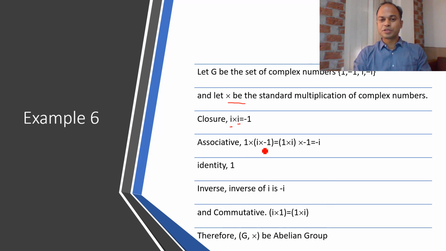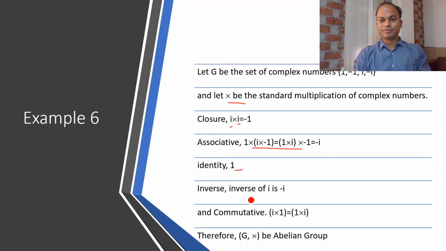If we talk about associative property, it is true. In both the cases, the products are equal. If we talk about identity, multiply identity is 1 and 1 is available in the set because this set is 1, minus 1, i, minus i. Identity property is true.